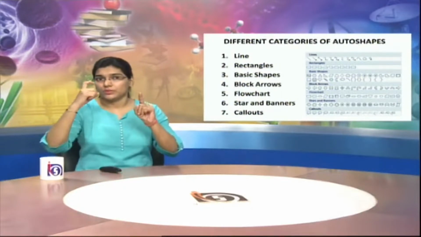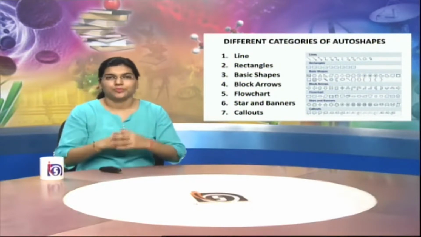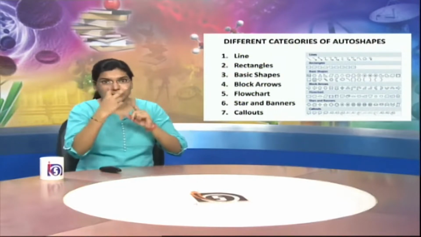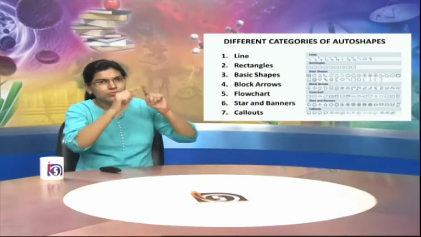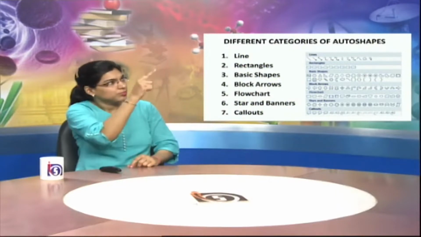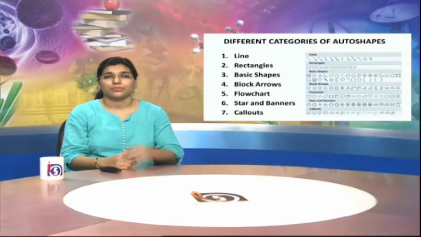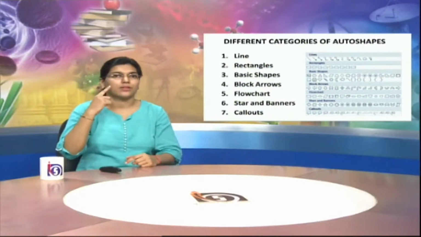There are different categories of auto shapes. I will be explaining all 1 to 7. On the screen also you can see, and all are interconnected. The first one is the line.